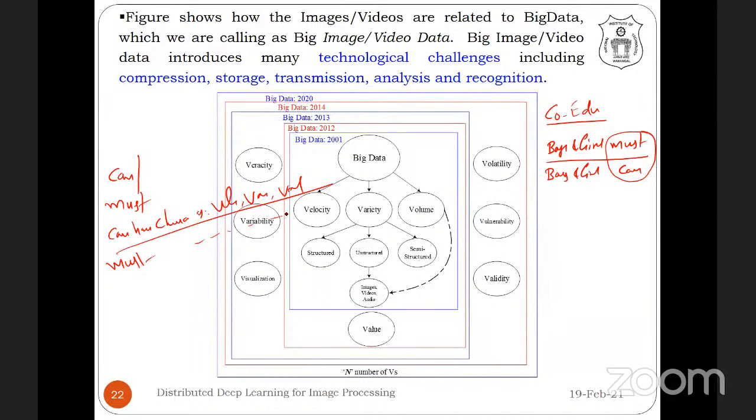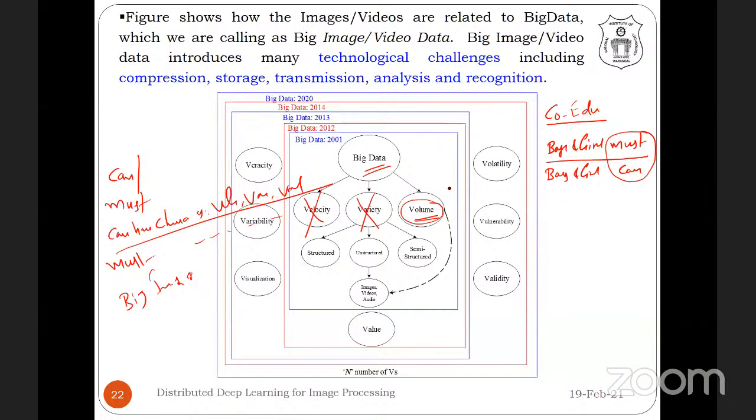Because when I'm talking about big image data processing, here I don't have a velocity component, I don't even have a variety component. I have only the volume component of this big data.